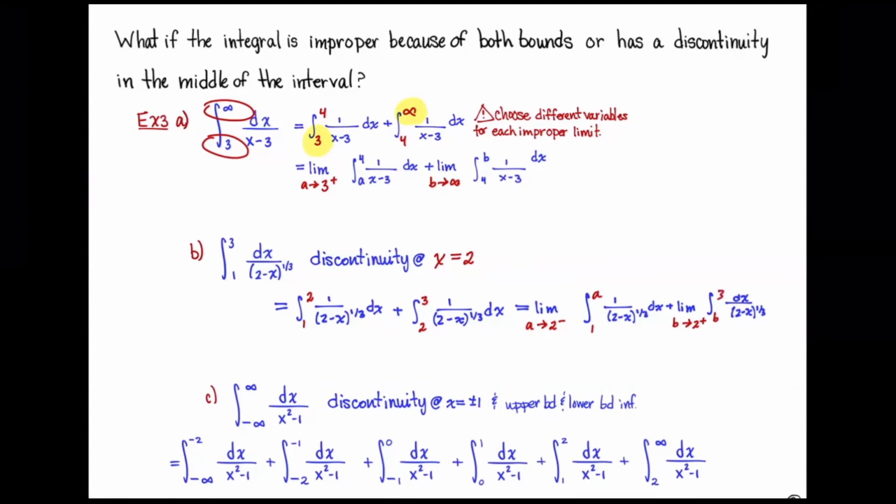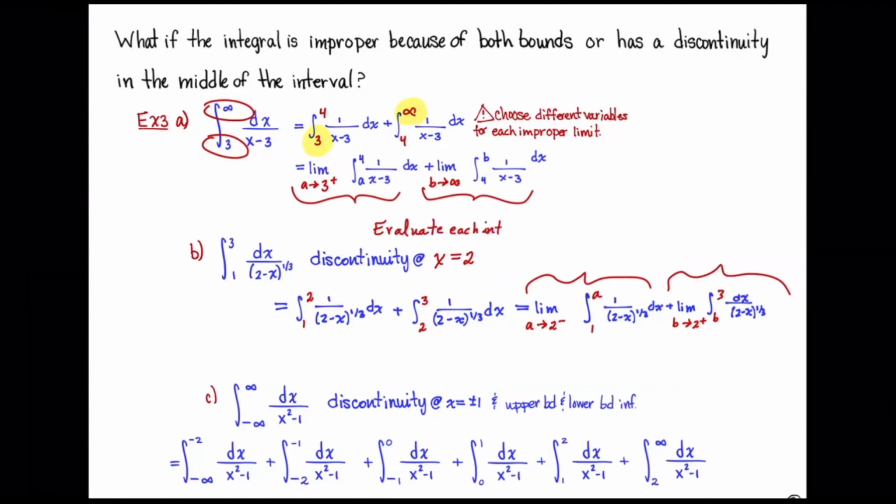Now, in both of these cases, part A and in part B, you want to evaluate each integral separately. And we'll talk about that in the next example. But it will make your life a lot easier if you just evaluate them separately and then take a step back and look at the conclusion based on that.